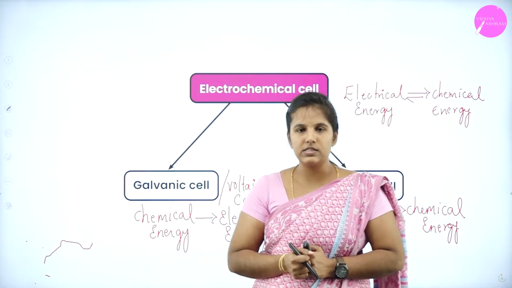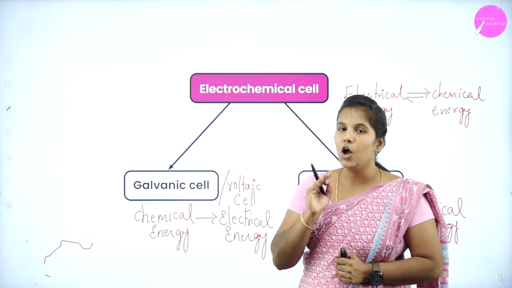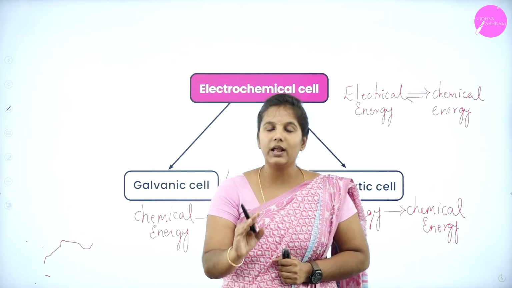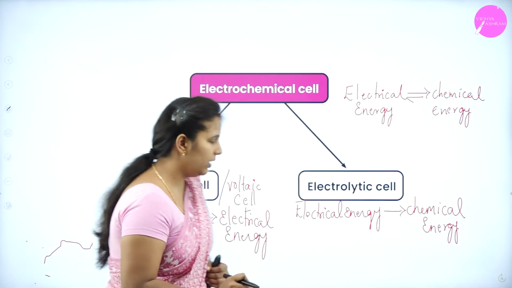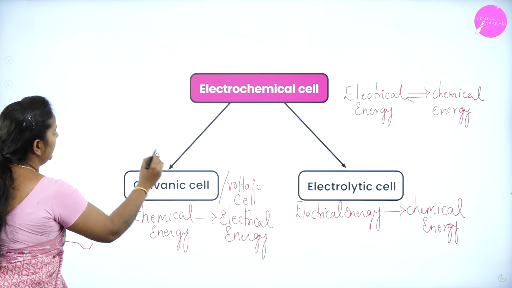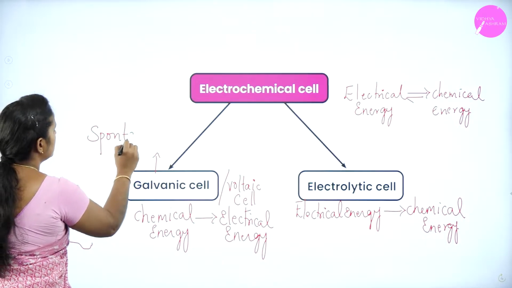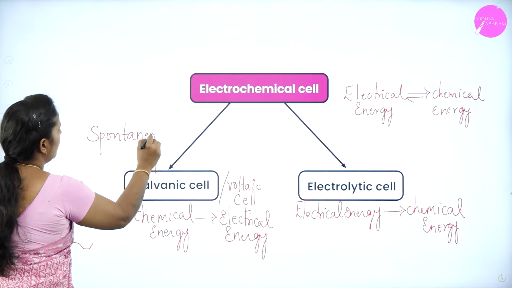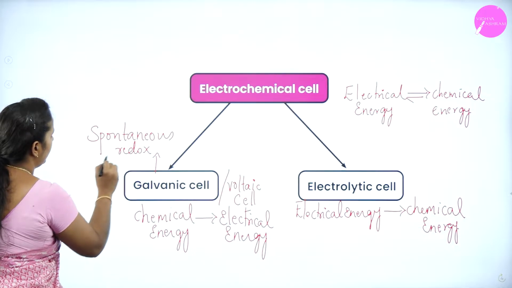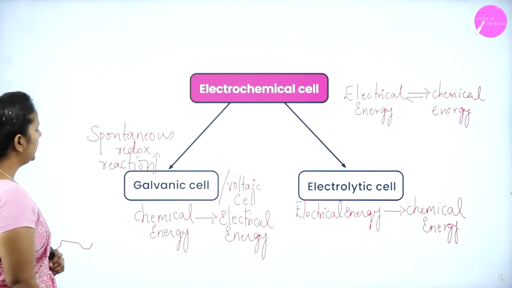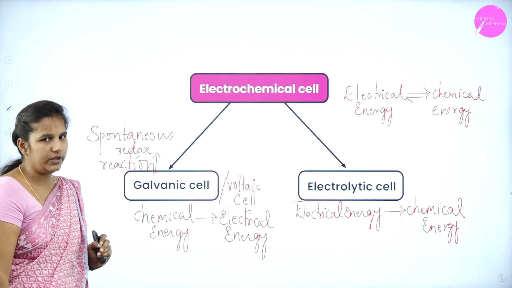And one more thing is, in the case of galvanic cells or the voltaic cell, spontaneous redox reactions always take place. Spontaneous redox reactions take place only in the galvanic cell.